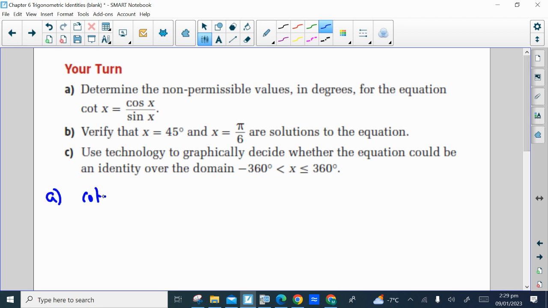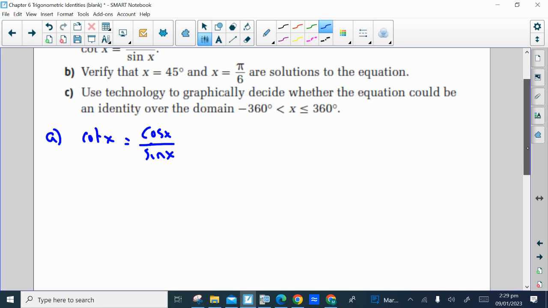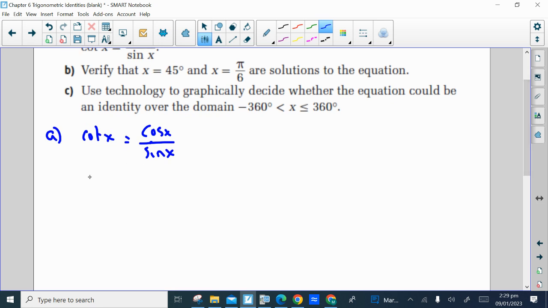So we start with cotan x should equal cos x over sine x. And remember, cotan is cos over sine. And this kind of gives us a preview into what we're going to be doing a little bit later in this chapter.